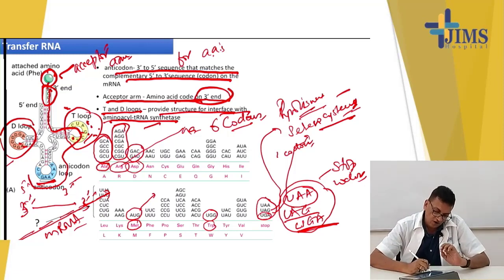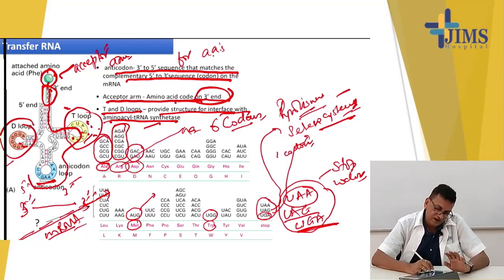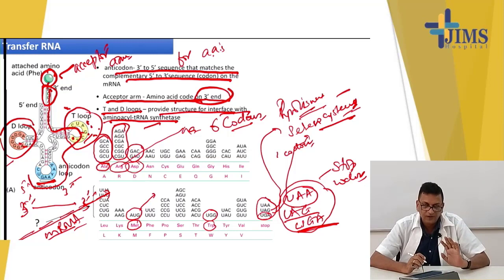The sequence of the codons present in the mRNA will determine which exact tRNA should go and bind. So the sequence in the anticodon loops should always be complementary to that of the mRNA. Okay? So this part you have to understand very nicely.